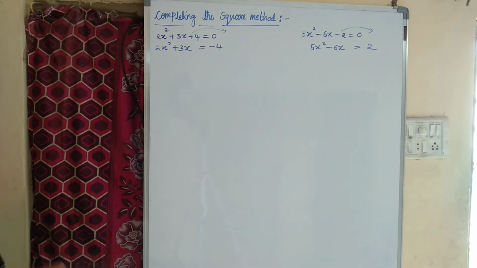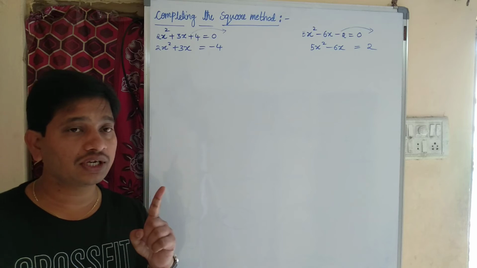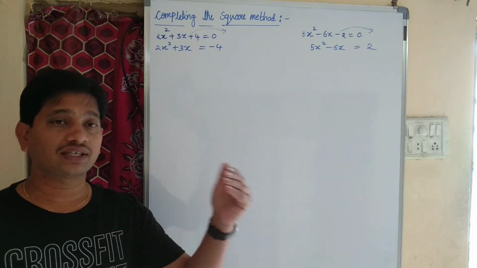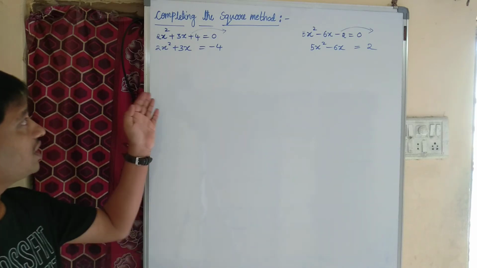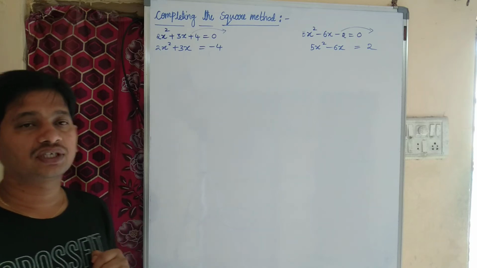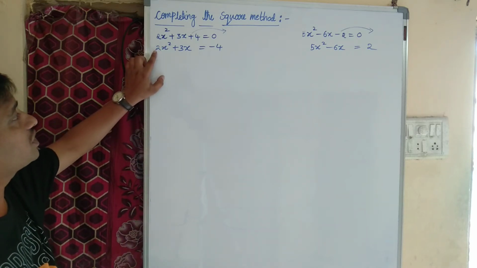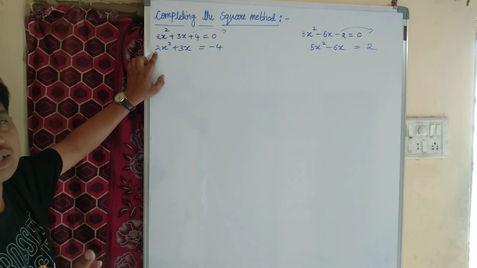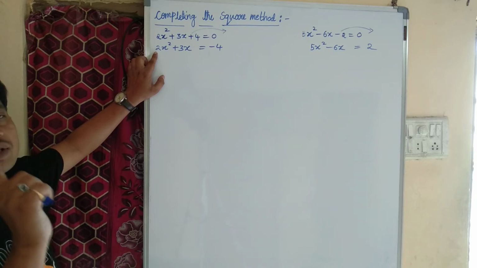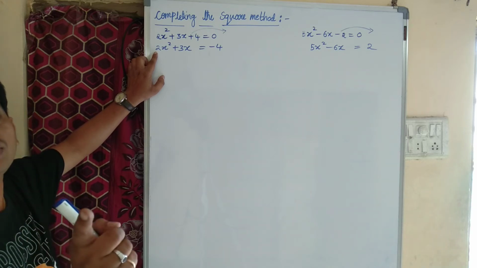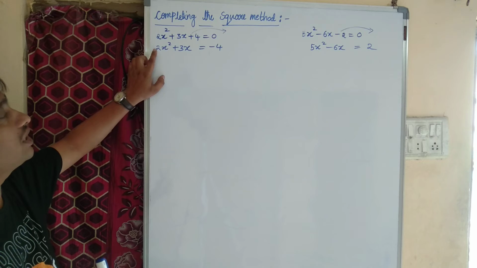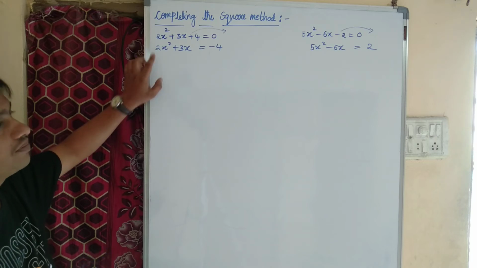The second thing is we need to see whether the coefficient of x square is a coefficient of any number or not. Here if you see, x square coefficient is 2. Students listen carefully, always the x square coefficient must be 1 only, nothing else. But here we have 2.